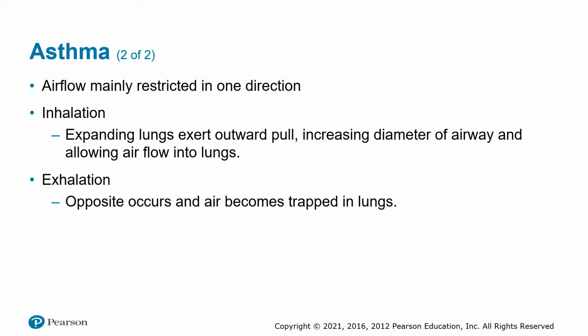It can be both, but it is mainly in one. On inhalation, the expanding lungs exert outward pull, increasing the diameter of the airway and allowing airflow into the lungs. And then exhalation, the opposite occurs. So in exhalation, those airways decrease and they kind of trap the air in the lungs.